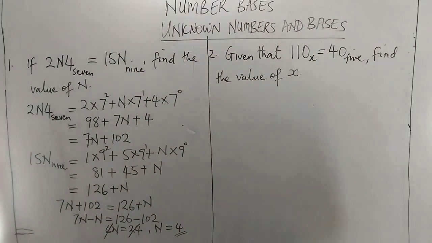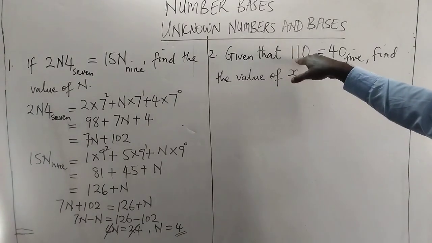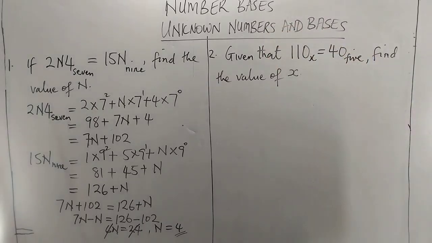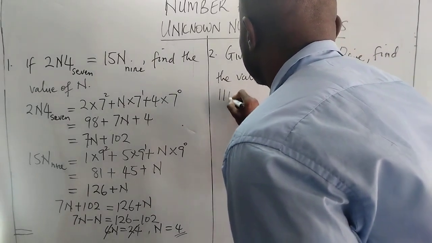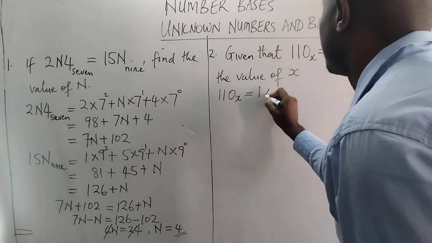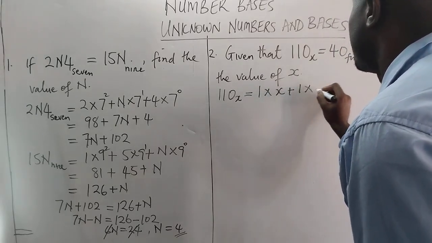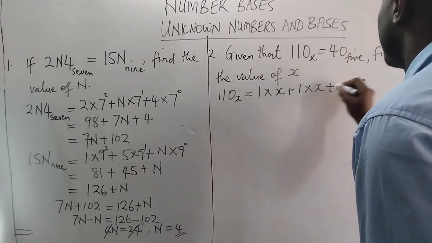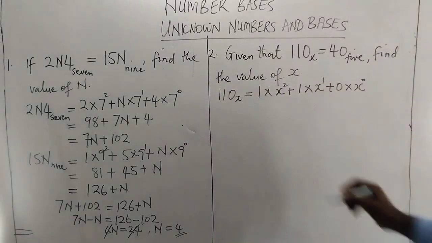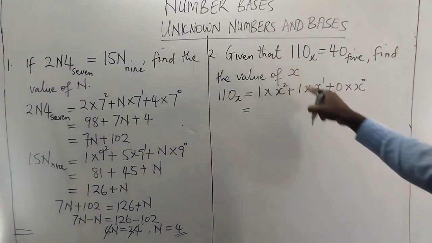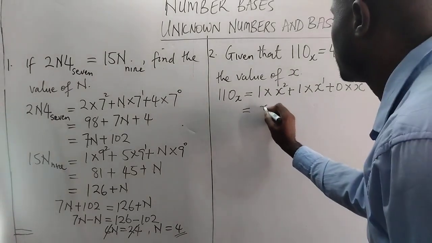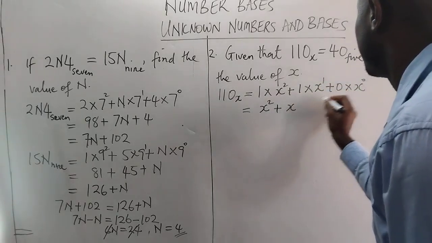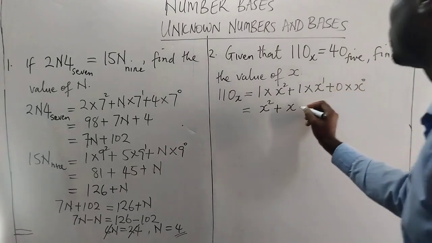In the second one, we are going to convert both sides to base 10, like we did in the first one. Now, x raised to power 2 is x squared, times 1, x squared. x raised to power 1 is x, times 1, x. x raised to power 0 is 1. 1 times 0 is 0.